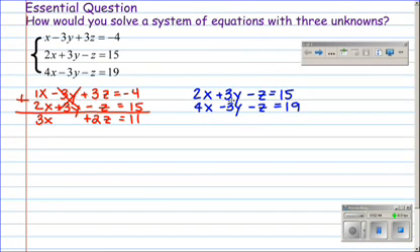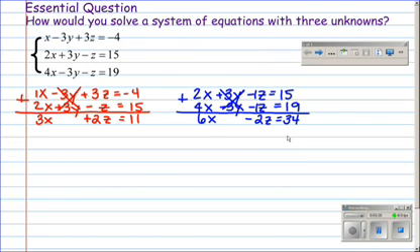Notice in these two equations, the y's are opposite coefficients again, so we will add these two equations in order to eliminate the y variable. 2x plus 4x is 6x. 3 plus negative 3 is 0. We've eliminated the y variable. Negative 1z plus negative 1z would be negative 2z equals, and then 15 plus 19 would be 34.